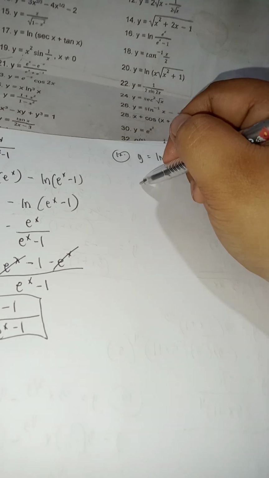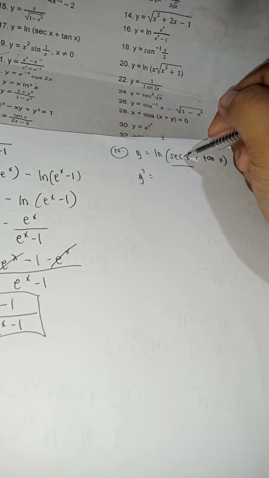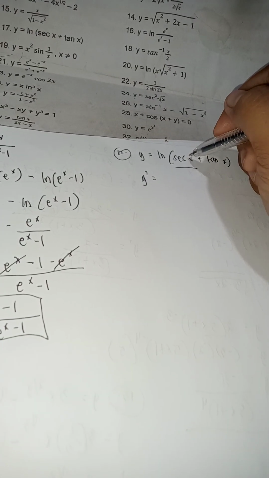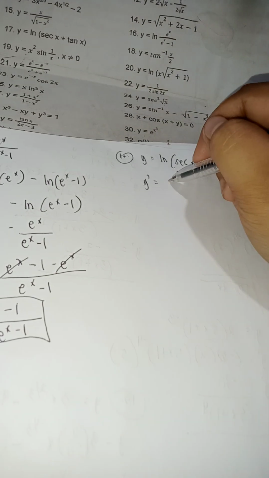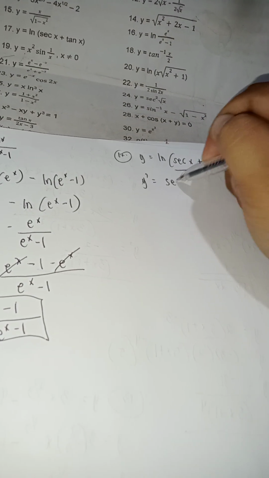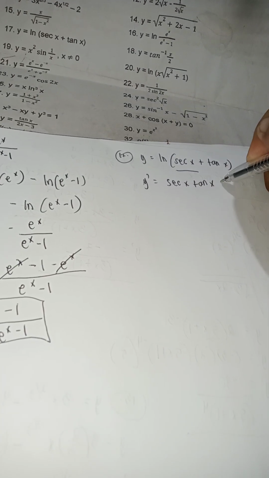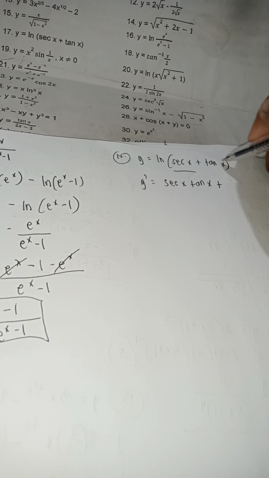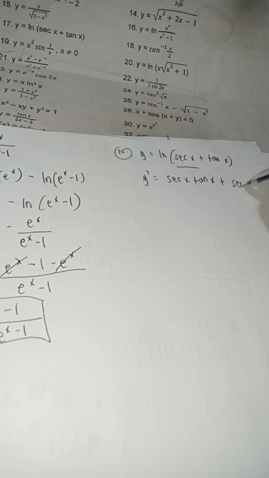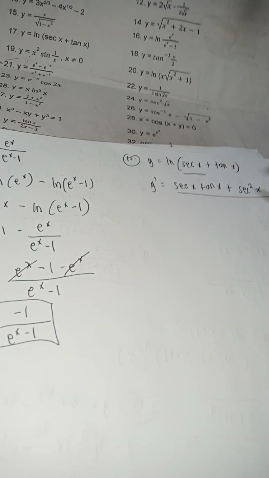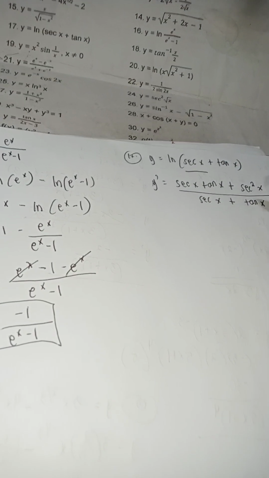By differentiating this u, the derivative of secant x is secant x tan x, plus the differentiation of tan x, which is secant squared x, over secant x plus tan x.